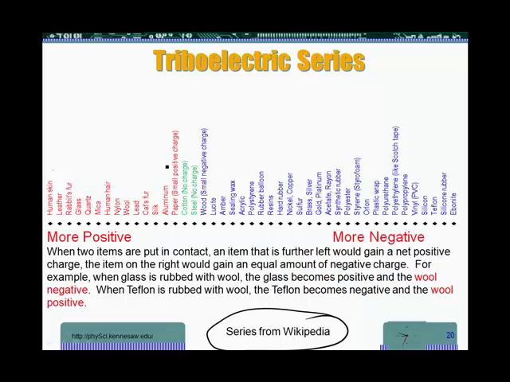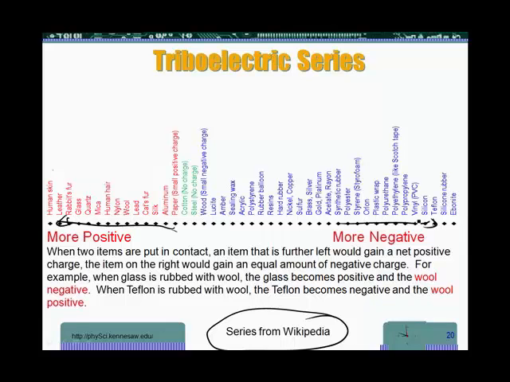Now, the more you go this side, the more positive this material will get if it's going to interact with another material. The more you go this way, the more negative the material is going to get.